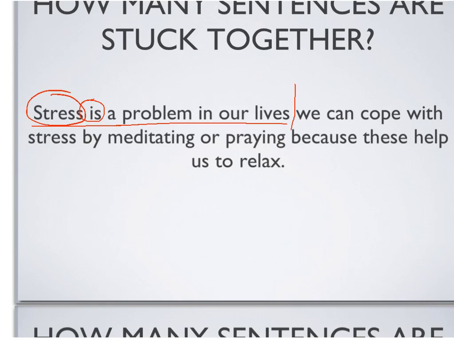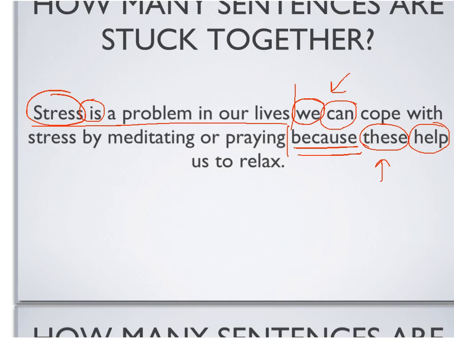We can cope with stress by meditating or praying is another sentence. Here's the subject and here's the verb. Because these help us to relax, here's the subject and here's the verb, but I see a connecting word. That connects this sentence and this sentence together, so those two sentences are connected correctly.